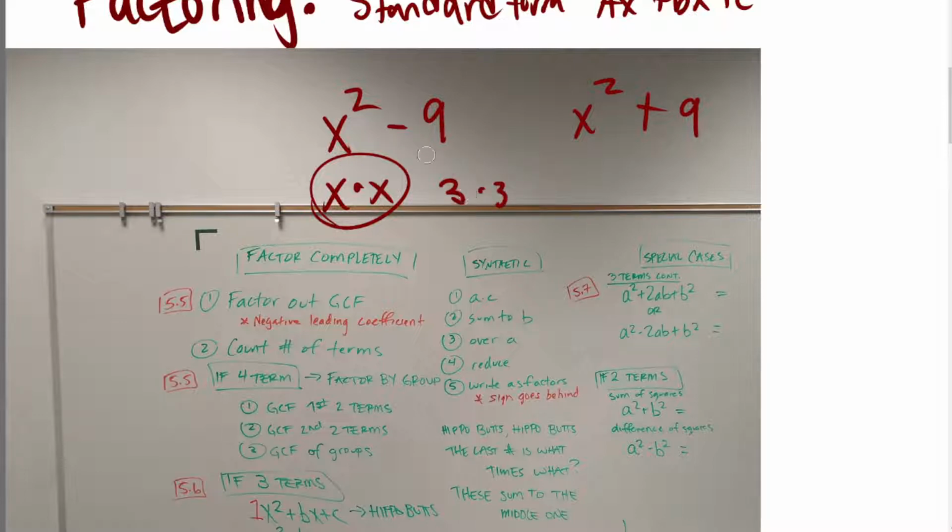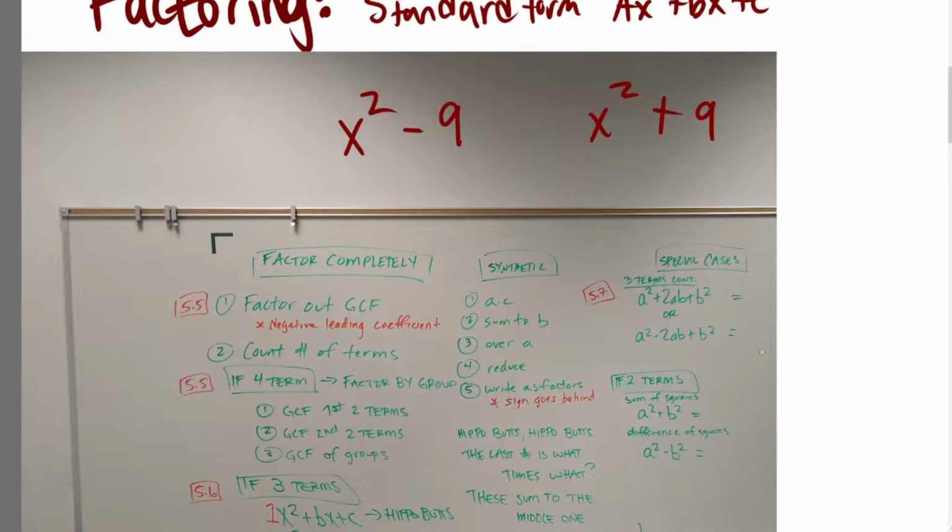It feels weird because it's not going to give you -9, but just hang tight and we'll go over that. Actually, ignore that part because I don't think that's true. Basically, the sum of squares is going to be sort of different. Let's push that aside for a moment.